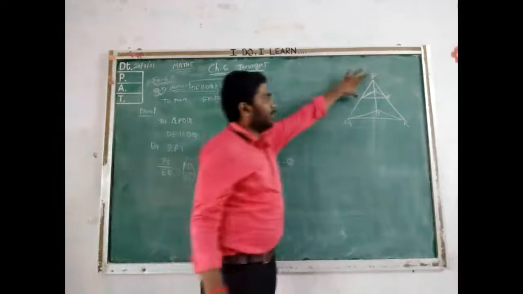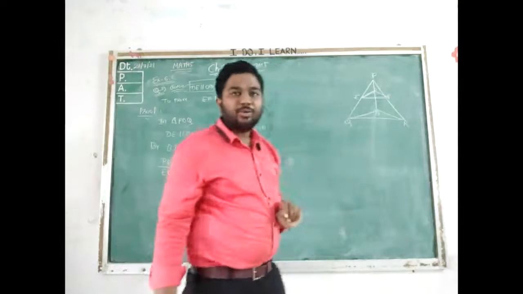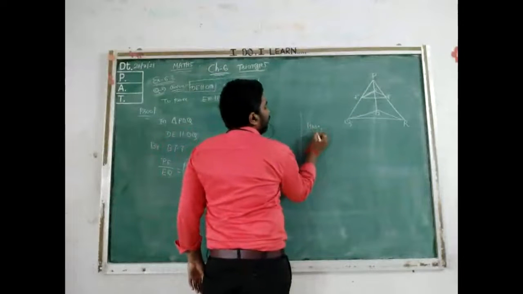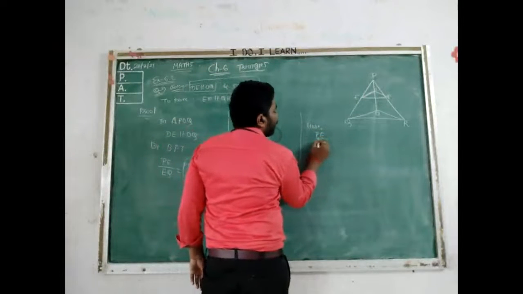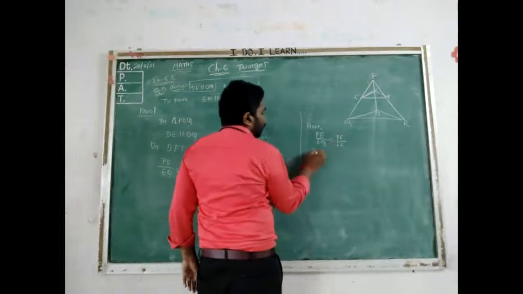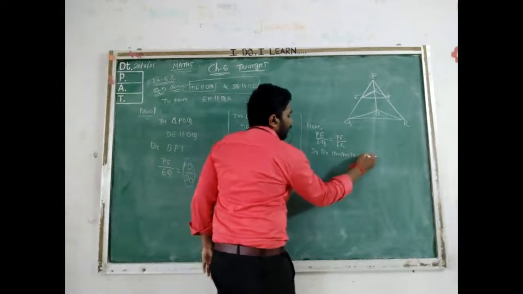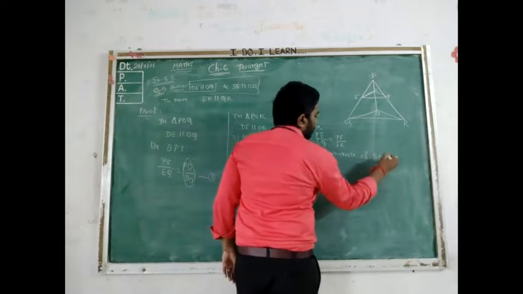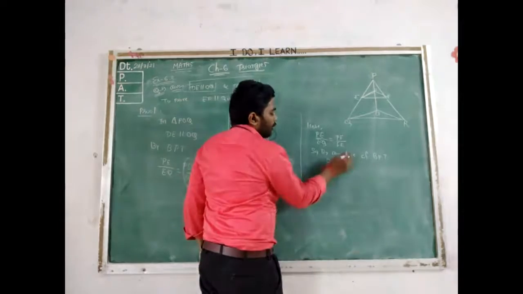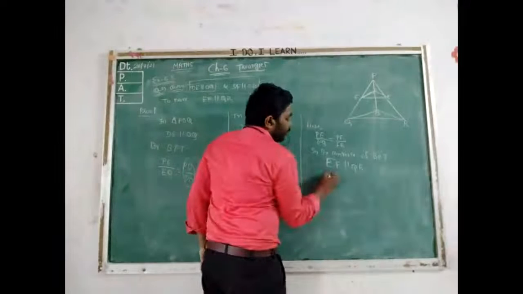So now what I can write here: PE upon EQ is equal to PF upon FR. So by converse of basic proportionality theorem, I can write EF is parallel to QR, hence proved.